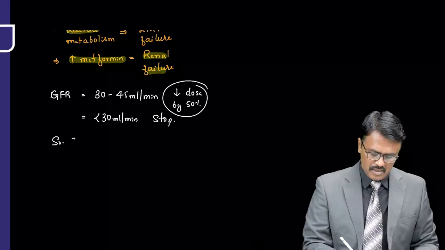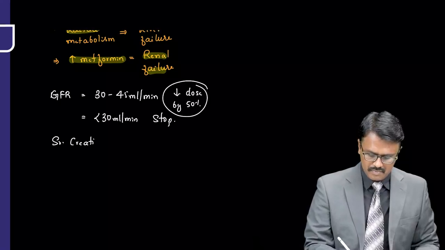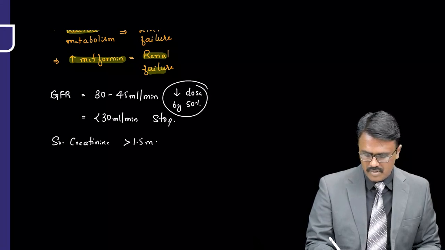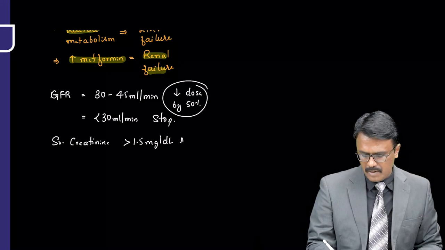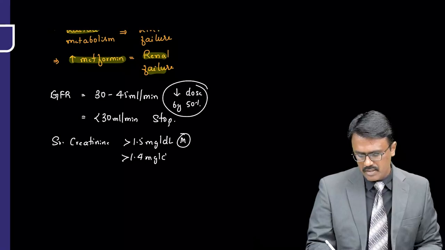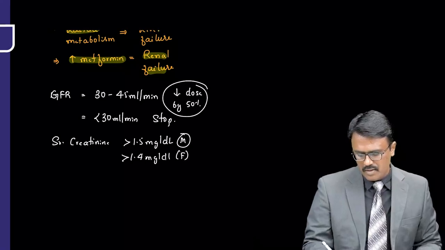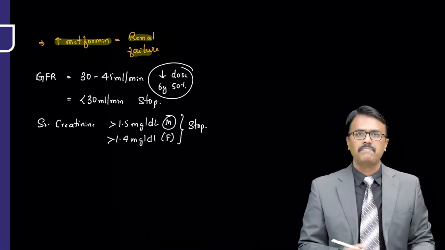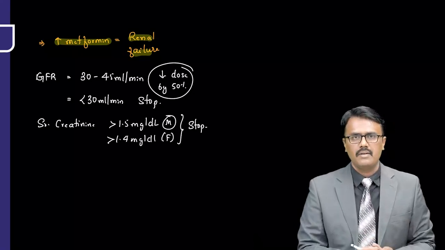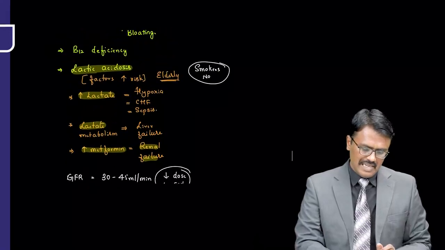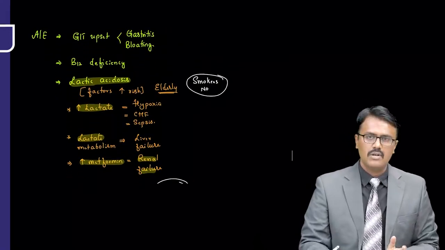So, if the serum creatinine is more than 1.5 milligram per deciliter in a male, or more than 1.4 milligram per deciliter in a female, then these are the situations where you have to stop the metformin. So this is the point you need to understand. It's not only a pharma question, it's a medicine question also.